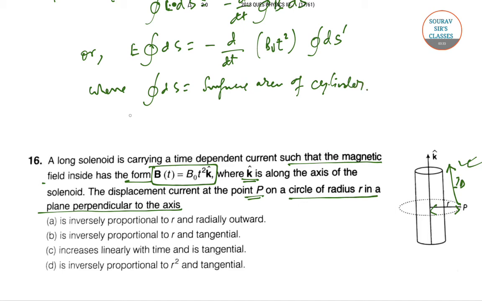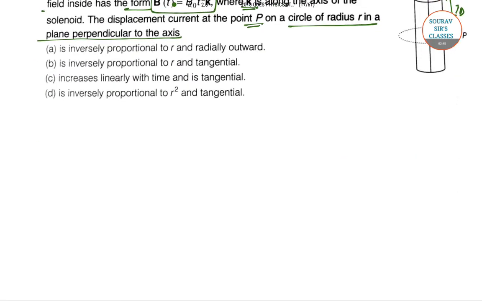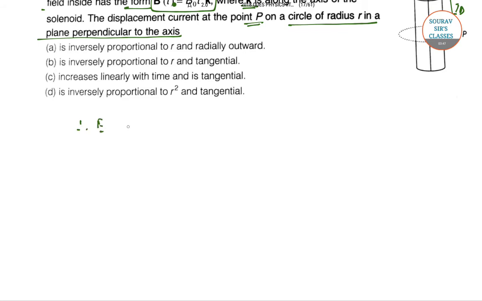Now if we proceed, ds dash is the surface of cross section, that is the surface area of the circle. So the finalized structure in this case is E times 2 pi R minus d/dt of B0 t square pi a square, we are putting the value.